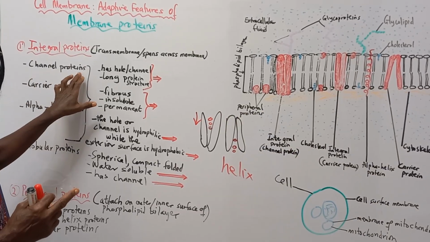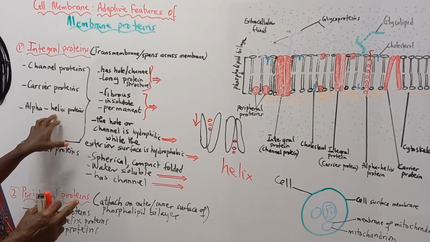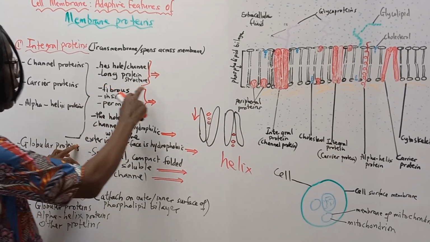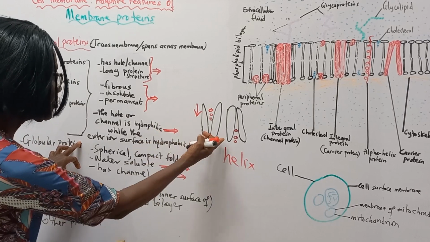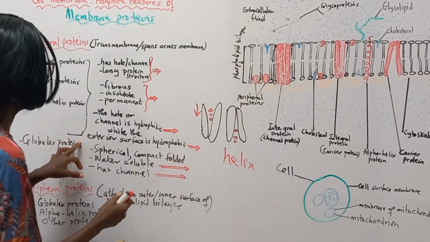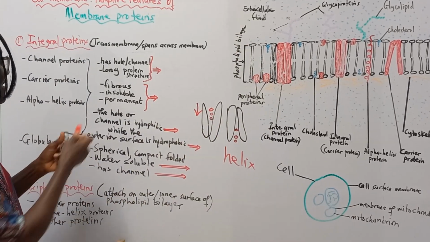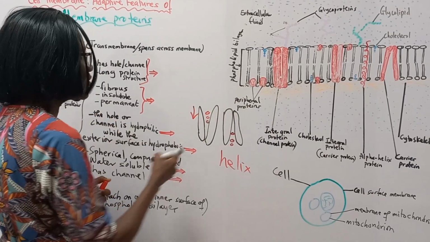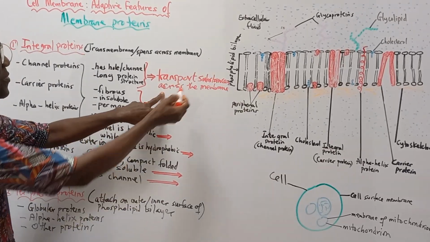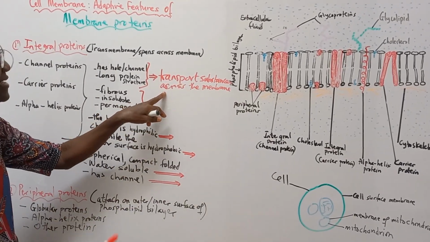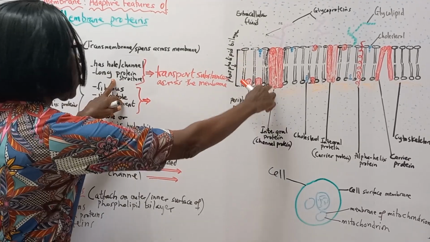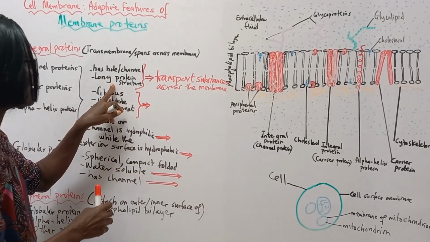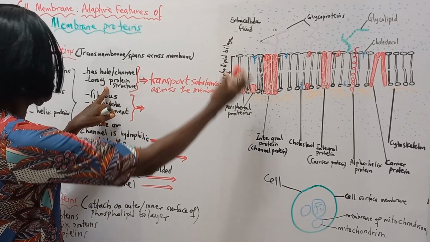These channel proteins, carrier proteins, alpha-helix proteins are long, have pores or are able to change shape to transport substances. Because they are long, they span across the membrane and transport substances across it. That is the adaptation: long protein with a hole to transport substances across the membrane, in or out.